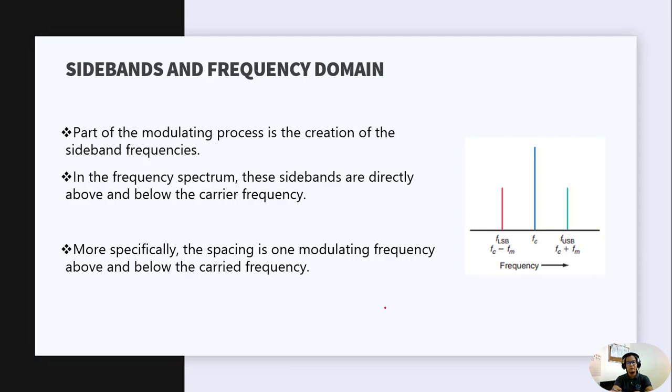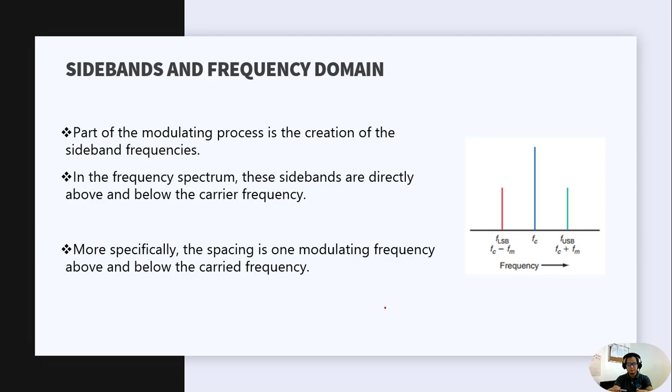Next, we also have what we call sidebands. Ano naman yung sidebands? It is part of the modulating process na ginawa natin that there will be sideband frequencies. It will be created.